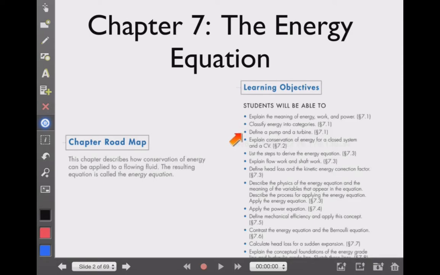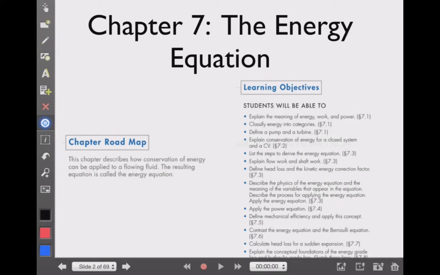This is really important in applications of the energy equation, in that we're able to apply pumps to gain energy, or to input energy into a system, and then to use turbines to extract energy out. And then finally, we'll just tack on section 7.2 here quickly to explain conservation of energy for a closed system and a control volume. It's a quick section.